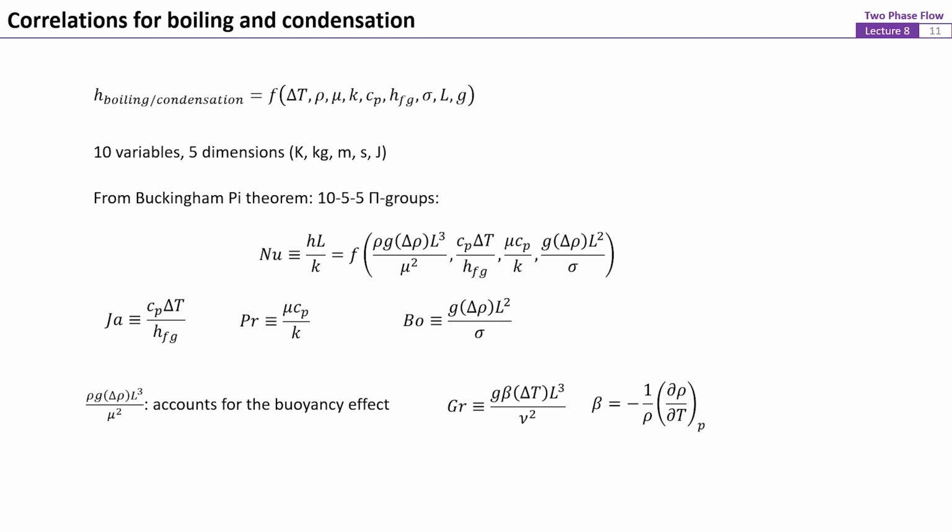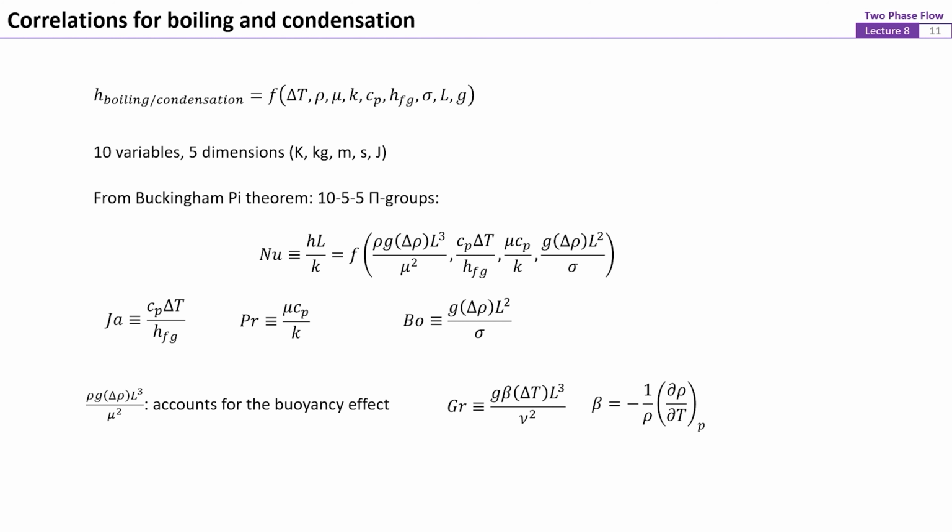To make the correlation have more physical meanings, it is important to systematically investigate the key parameters prior to the development of relations. The analysis of the boiling convection process involves the following thermophysical properties: the excess temperature, density, viscosity, thermal conductivity, specific heat and latent heat of the fluids, as well as surface tension and characteristic length of the interface, and the gravity.